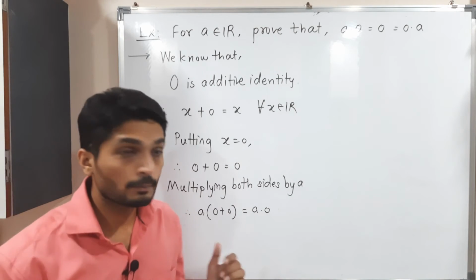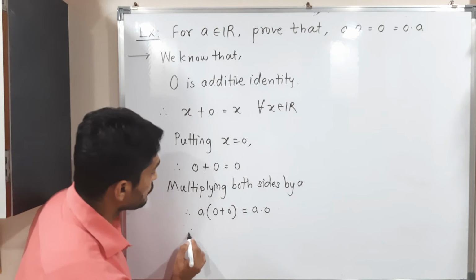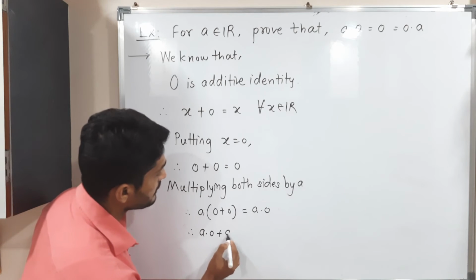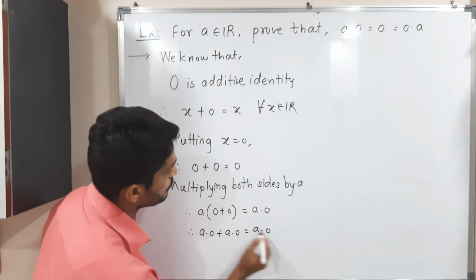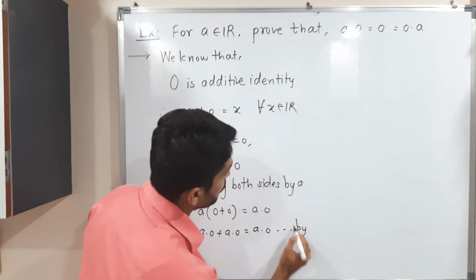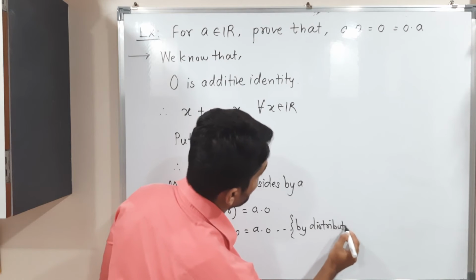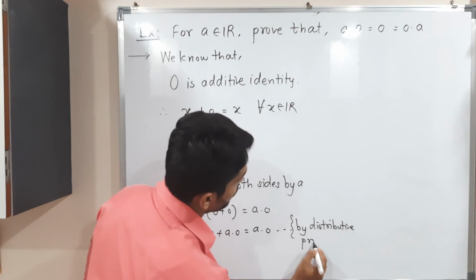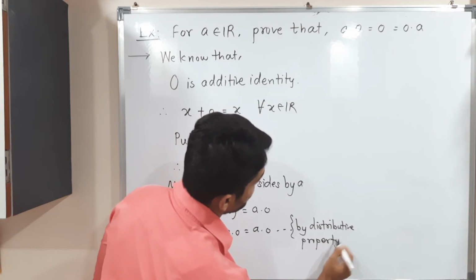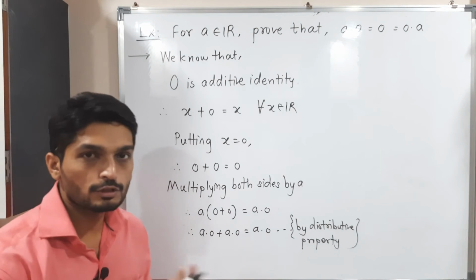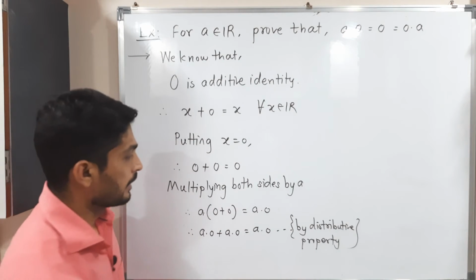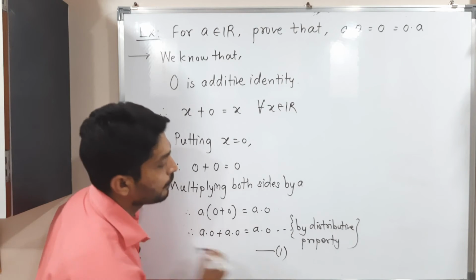You know the distributive law. So therefore a into 0 plus a into 0 is equal to a into 0 by the distributive property. We have learned it. If addition and multiplication are there, you can multiply one by one. I will call it equation number 1.